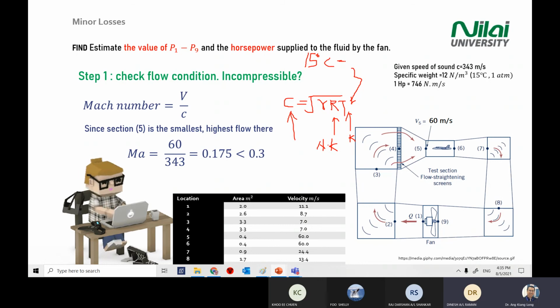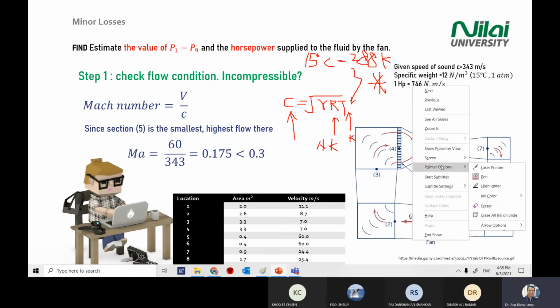Plus 273. So the answer is what? 288 Kelvin. So remember, in the final exam, there will be a portion that asks you to calculate something like this. Just take note. I just gave you some 4 or 5 points in your pocket already.